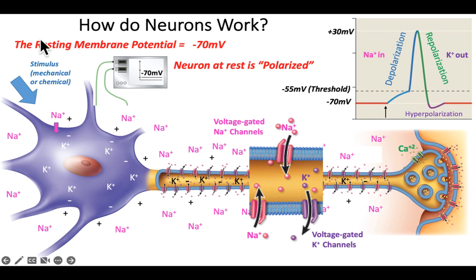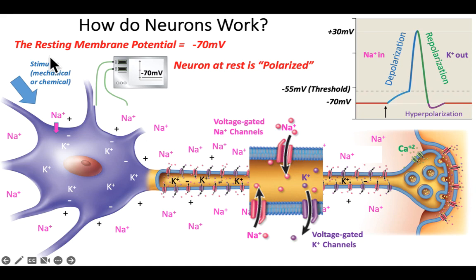Or it could be a chemical stimulus. So maybe it's another neurotransmitter that might be stimulating this cell. Either way, it has to have a receptor for that stimulus, either a mechanically gated ion channel or a ligand-gated ion channel. So those would be at the dendrites.